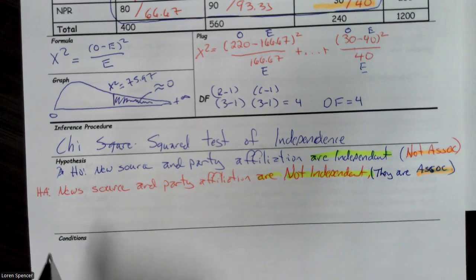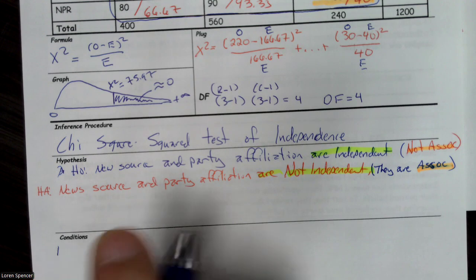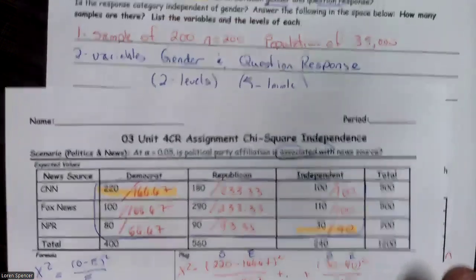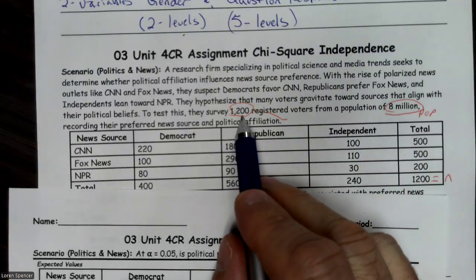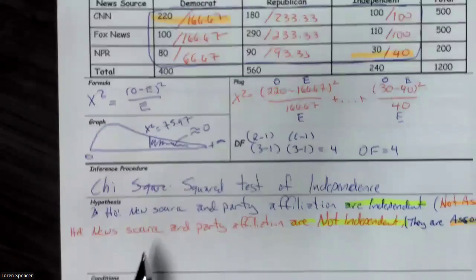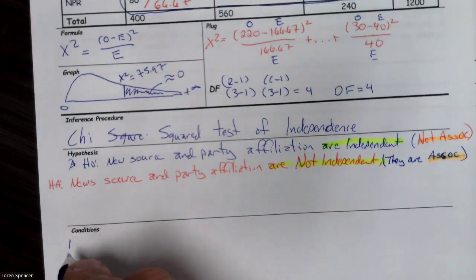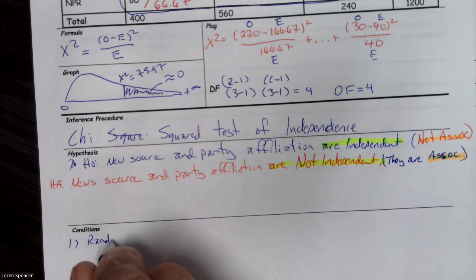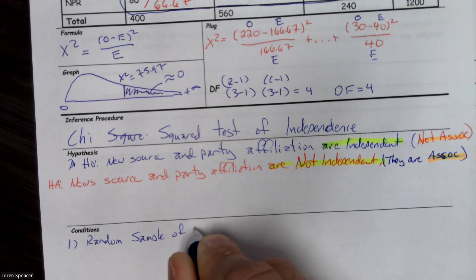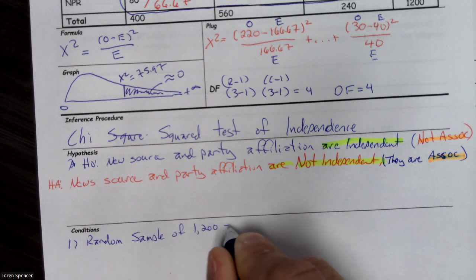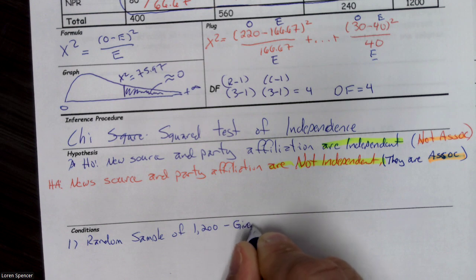Conditions, random sample. All right. Well, when we read this thing, they told us we had a random sample of 1,200 voters out of 8 million. All right. Conditions. Random sample of 1,200, that was given.